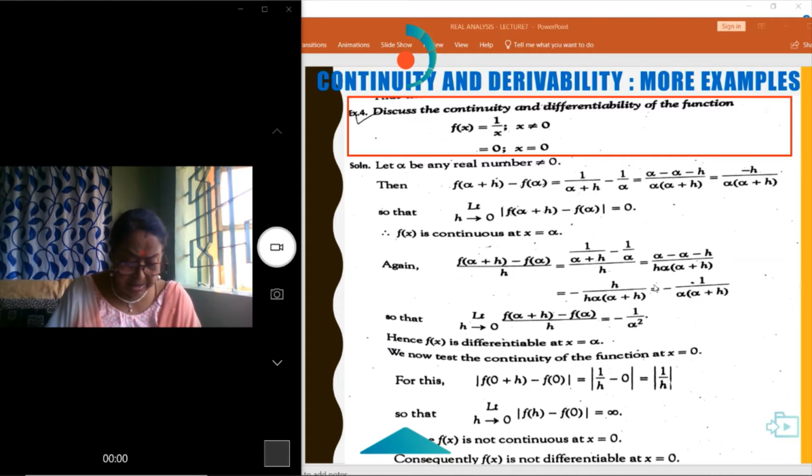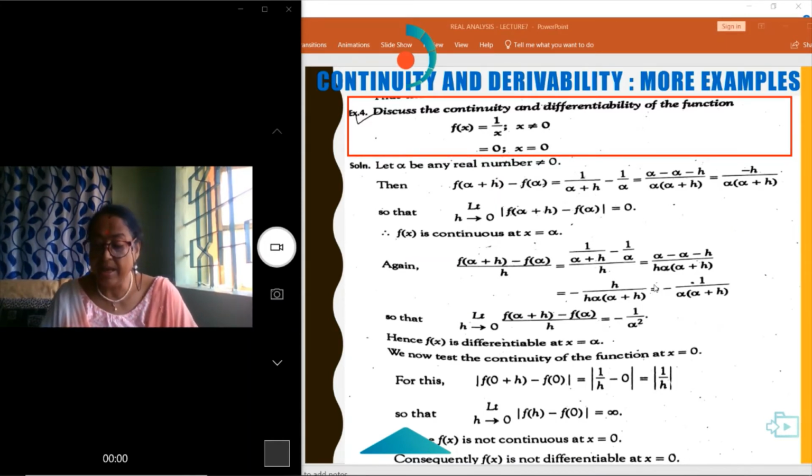So the function is continuous at the value of x equal to 0. For this, f(0 + h) - f(0) can be written as modulus of 1 by h minus 0, that is 1 by 0.